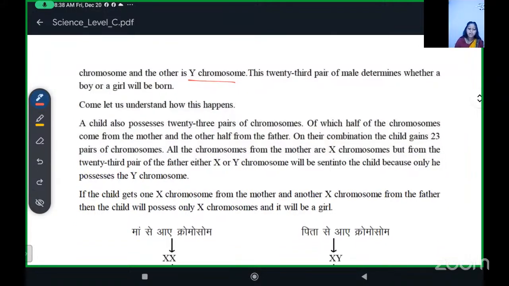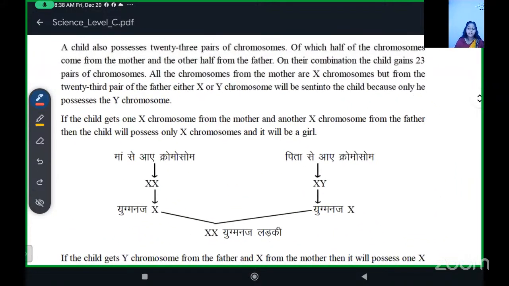A child also possesses 23 pairs of chromosomes, of which half of the chromosomes come from the mother and the other half comes from the father. On their combination, the child gains 23 pairs of chromosomes.